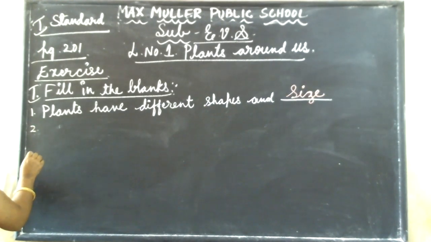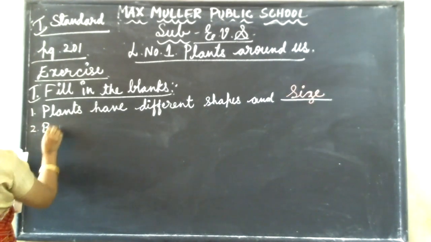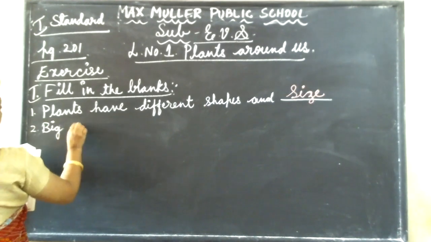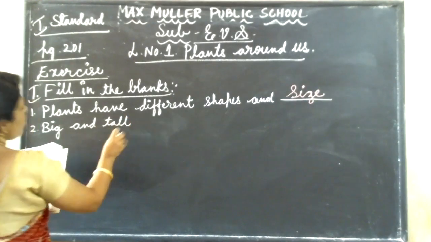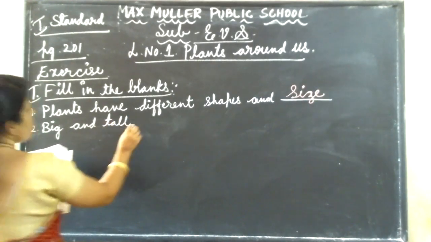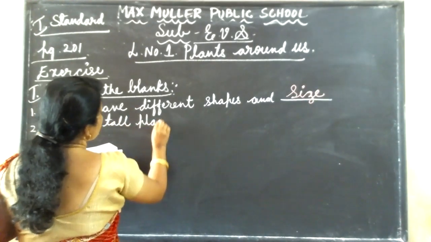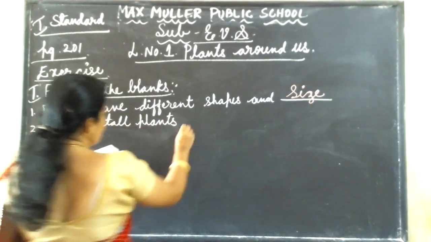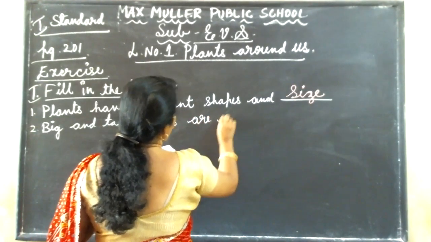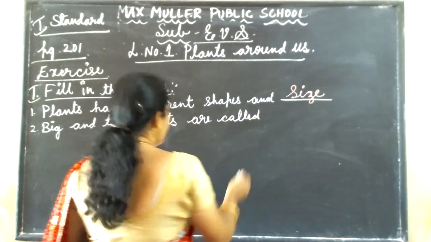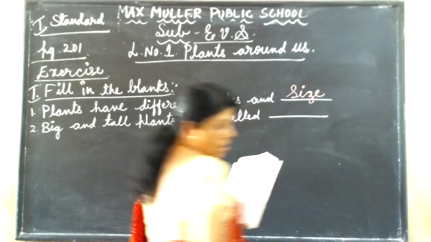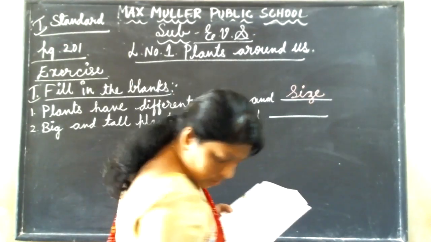Big and tall plants are called dash. Yes, tell me what we are saying.